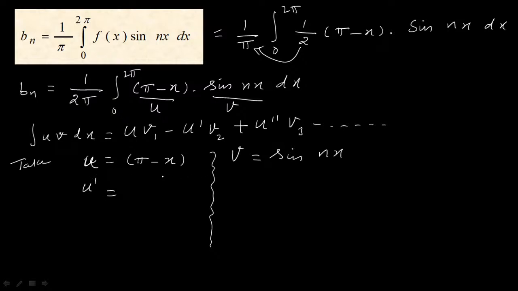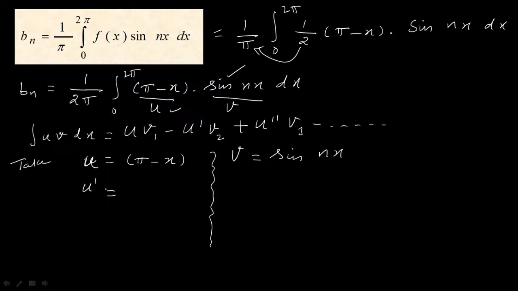The same u can be used because in calculating an we took pi minus x as u, and while calculating bn we also take pi minus x as u. The only difference is that while calculating an we took cosine nx instead of sin nx, and here we take sin nx.